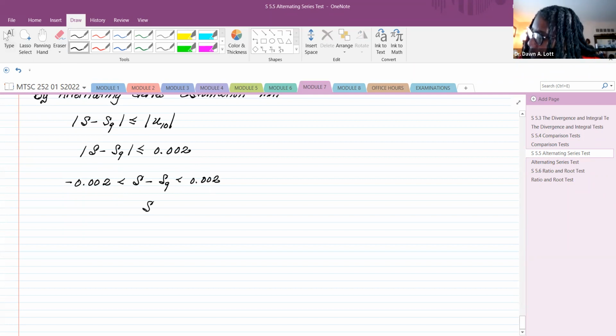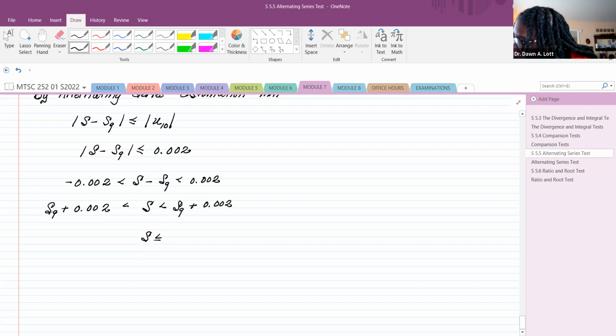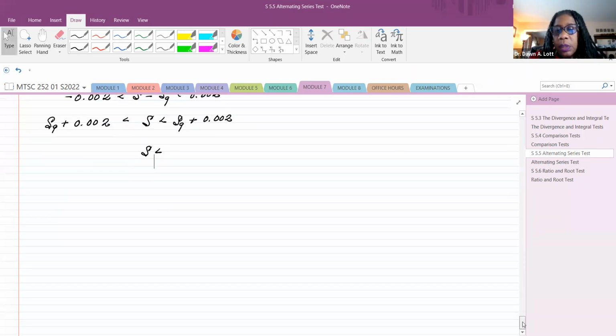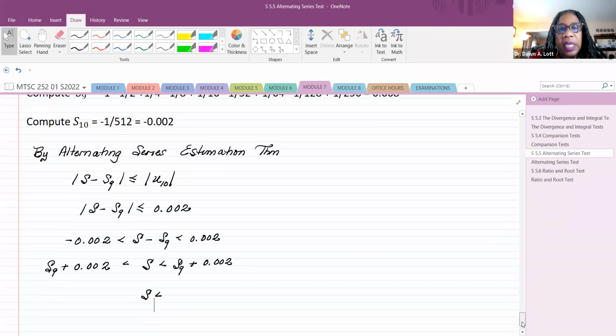So therefore the true sum of the series, which is S, is less than S9 plus 0.002, and it's greater than S9 plus 0.002. Okay, so that says that S is less than S9, we said was 0.668.